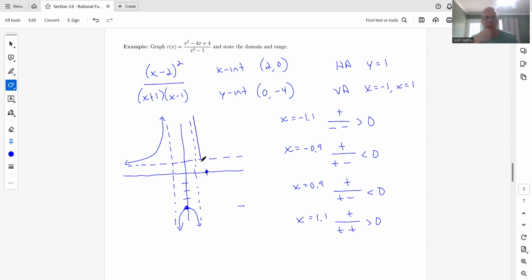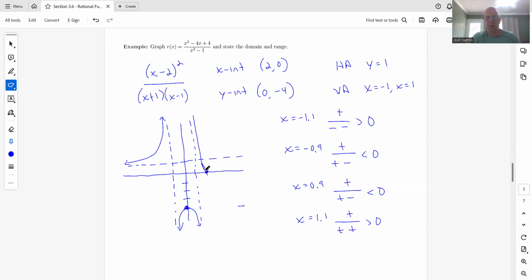So it does come down like that and touches. Actually, we probably could have figured that out from an earlier section: when the multiplicity of this 0 is 2, so that's even, that means it's going to touch the axis. So we should have known if we were paying attention. It's not going to come up like this and cross.